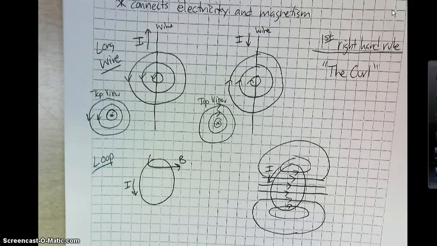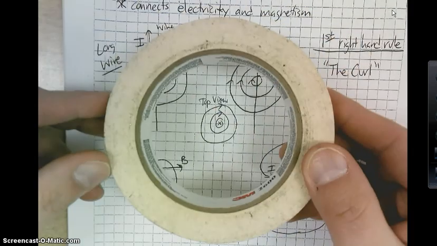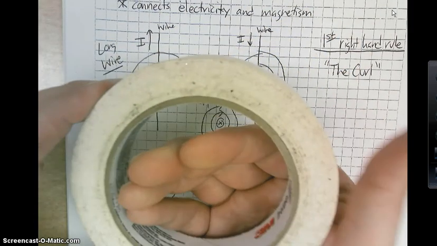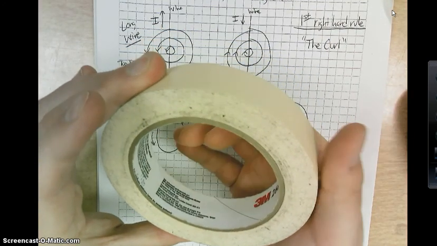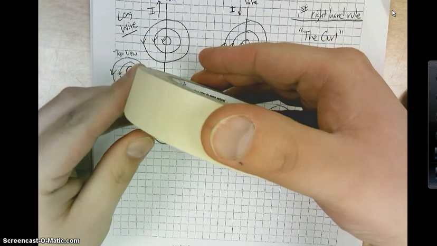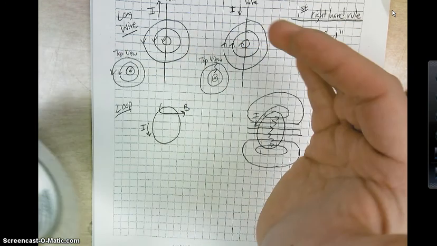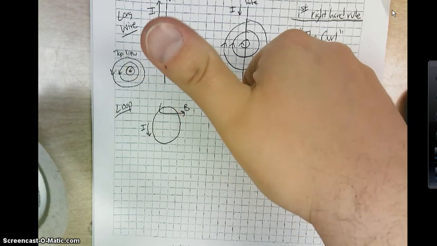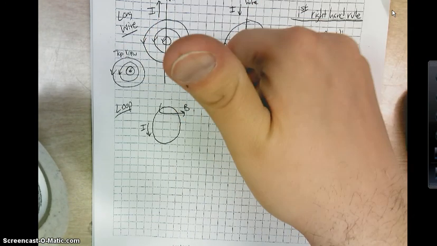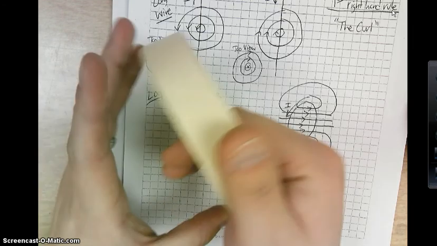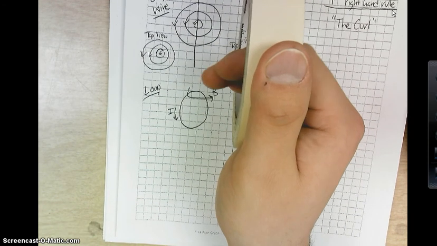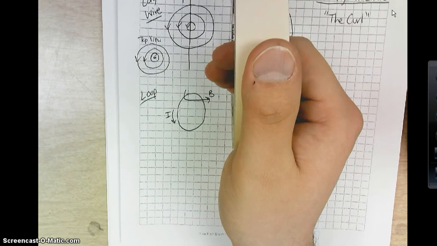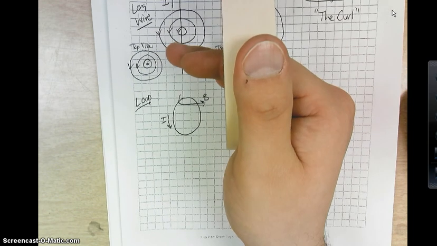I'll try to show you with this roll of tape. If my thumb represents the current, flowing this way, the curl rule says my fingers curl underneath. My thumb goes around the tape, and my fingers coming through represent the direction of the field.